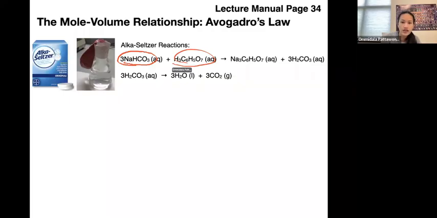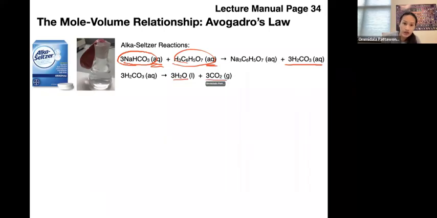In solid form, these two are not going to react. They react only when they dissolve in water, which is in aqueous form. Upon that reaction, they form carbonic acid that eventually decomposes into water and carbon dioxide gas.